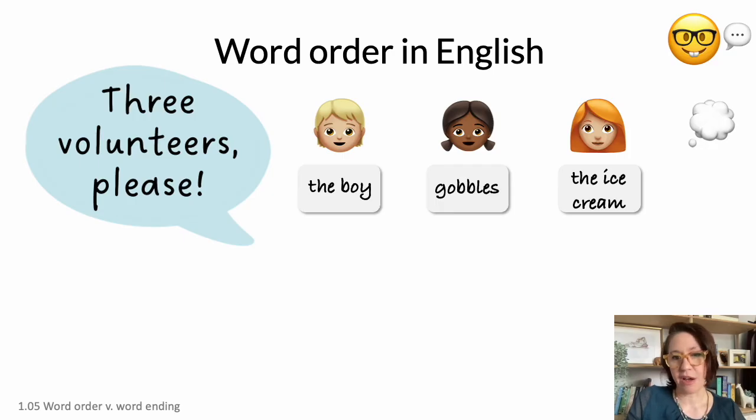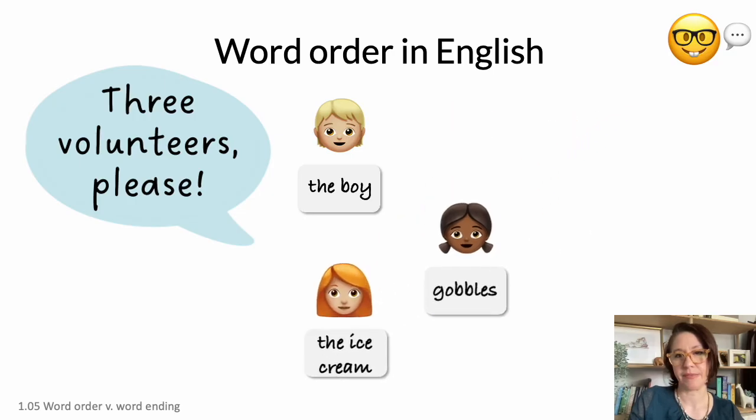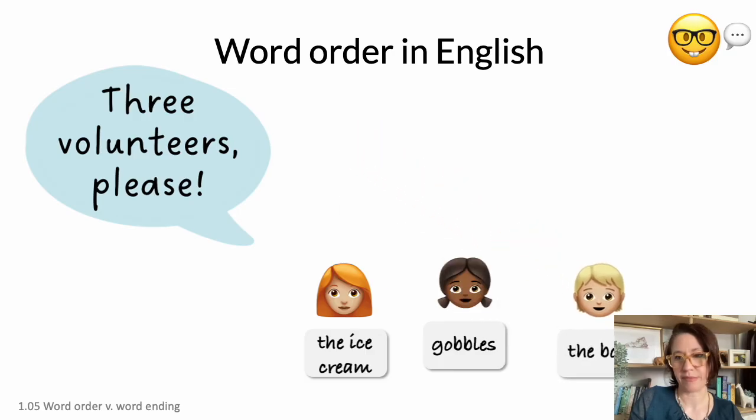Then, once again, ask the class to shut their eyes, and once they have, ask the students holding the boy board and the ice cream board to swap places. Then get the rest of the class to open their eyes, read the sentence, shut their eyes, and imagine what they can see this time.